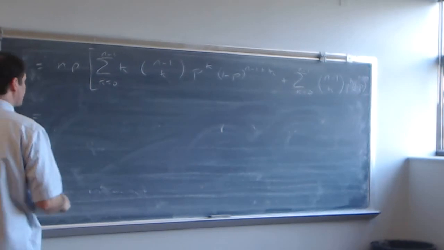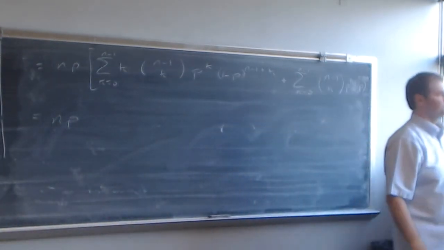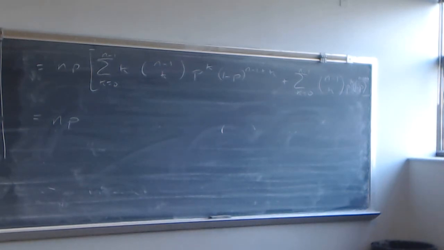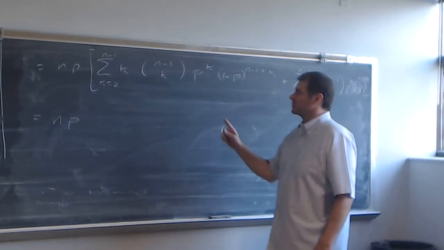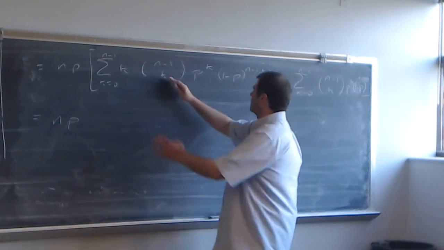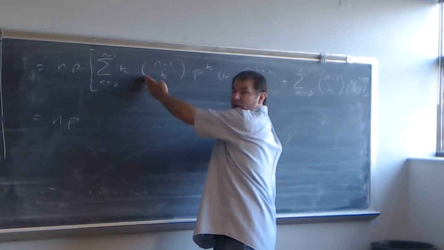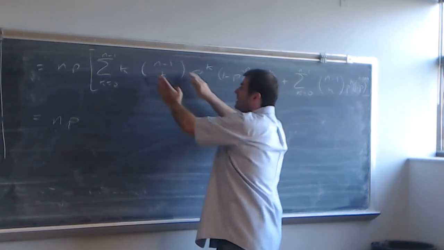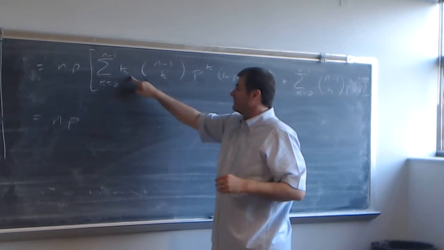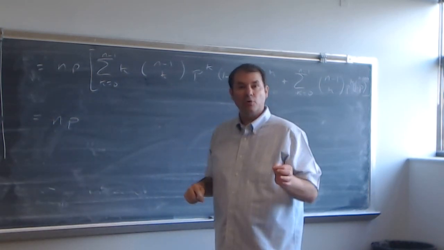That's equal to, okay, how do we understand this first sum? This looks like the PMF of a binomial random variable with parameters p and n minus 1. And having the k out front of it, that's the expected value.